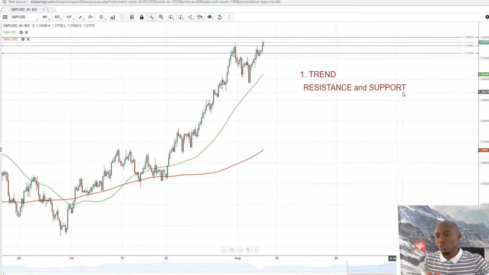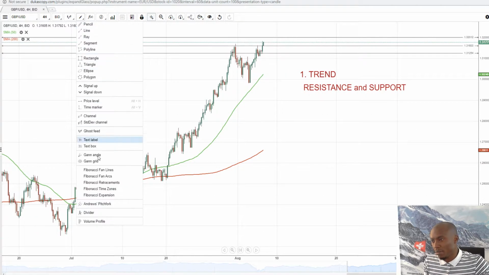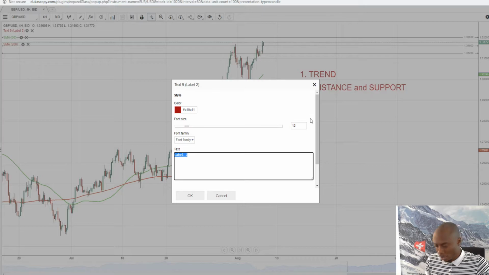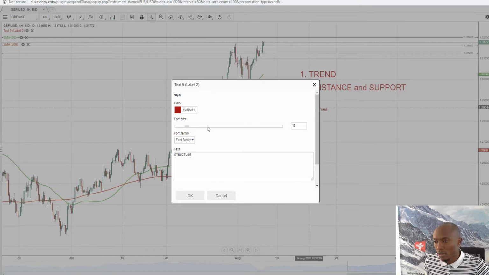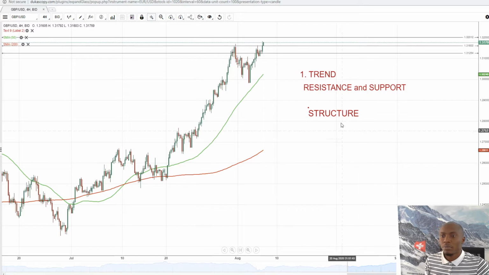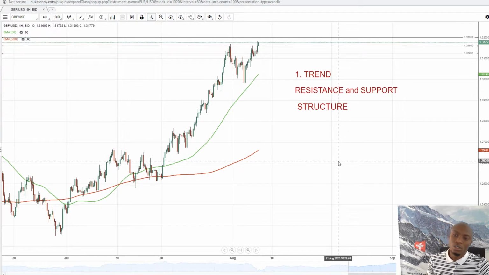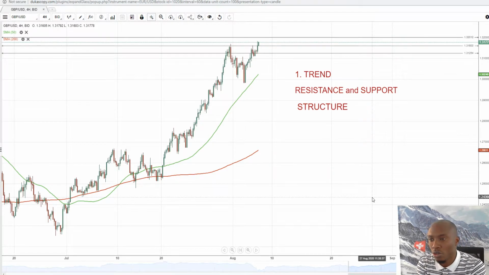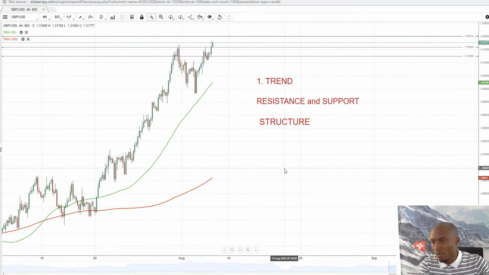Let me put it down for those guys that might come. So, you need to know the structure of the market. Let me explain that structure for you right now.